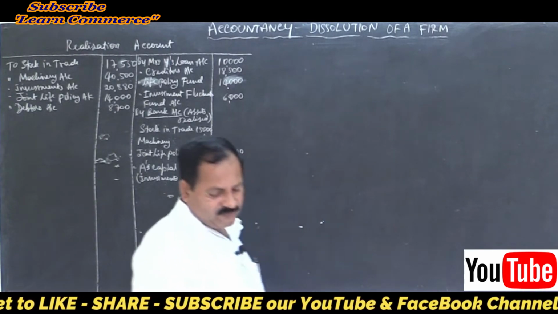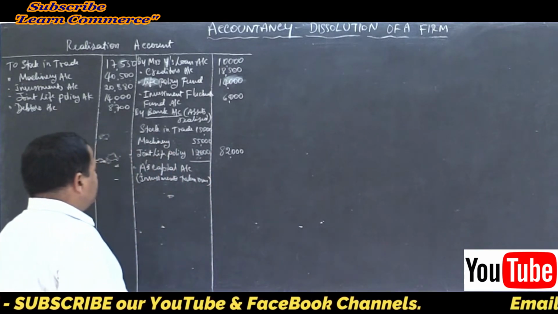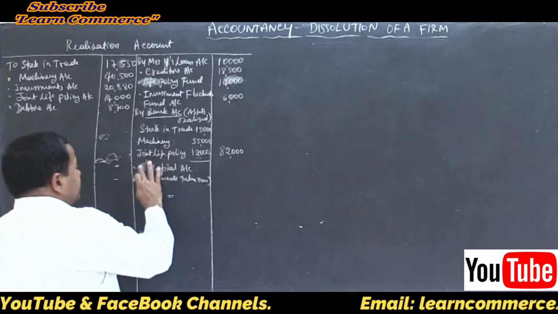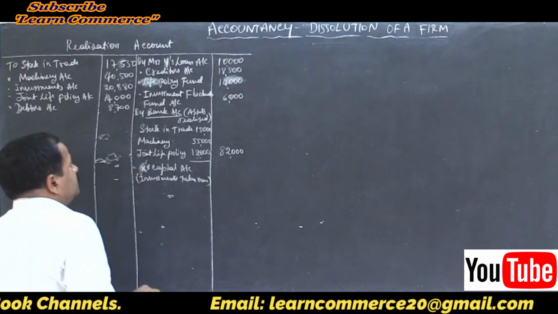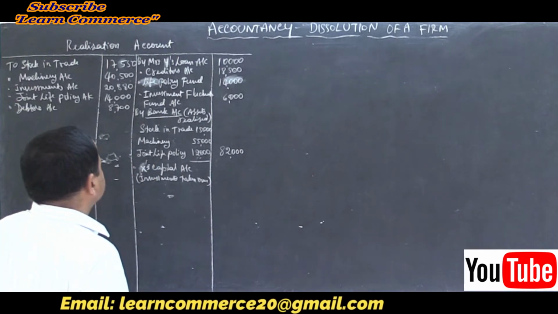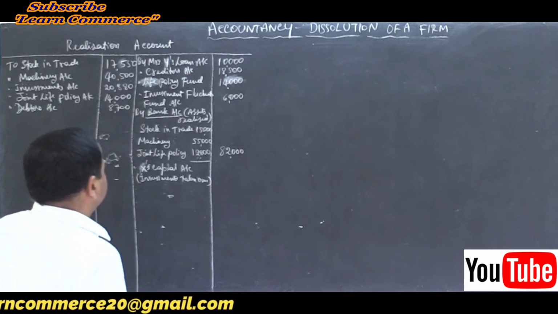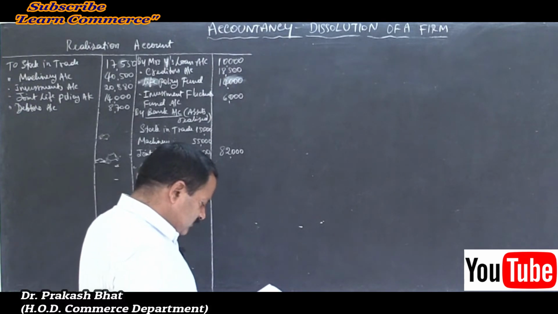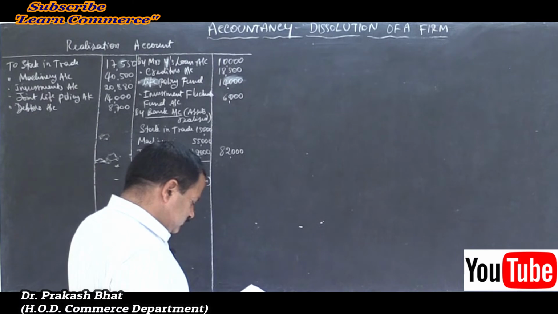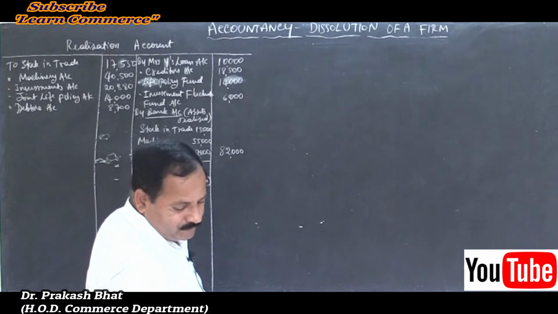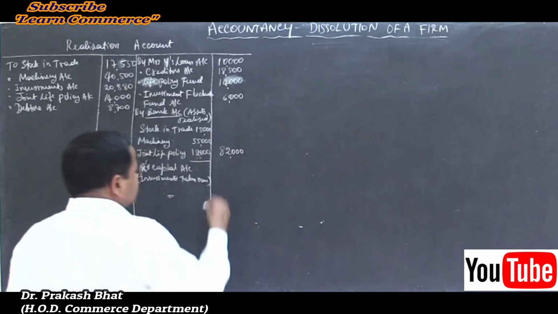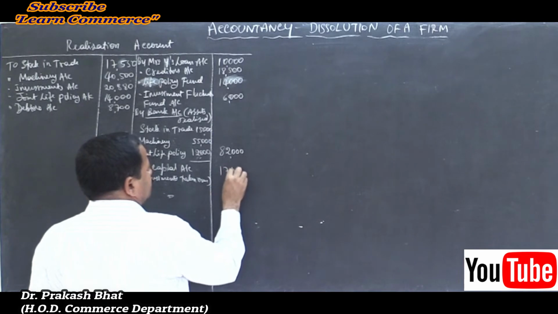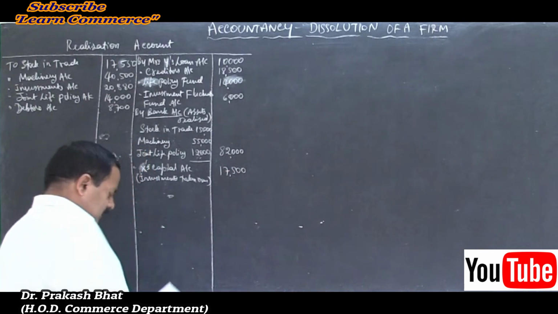By Mr. X, right? It is Mr. X, not A. Mr. X took over the investments, correct? Yes. So the value is 17,500.